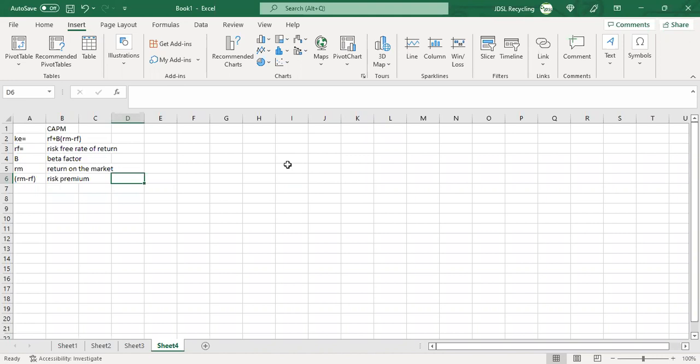At times, the examiner can also give us the return on the market as well as the risk premium. But our determination will be the computation of cost of equity using the CAPM. So we can use either RM minus RF directly as the risk premium, or we split it by using the return on the market separately and lessening our risk-free rate of return.